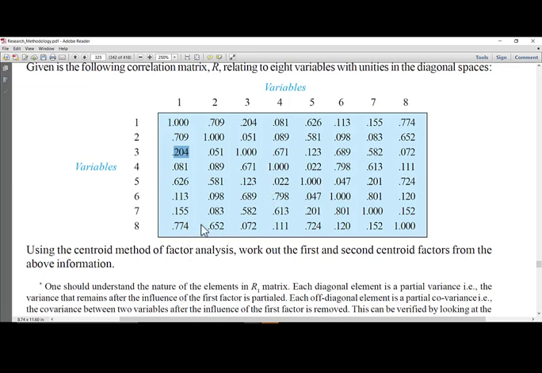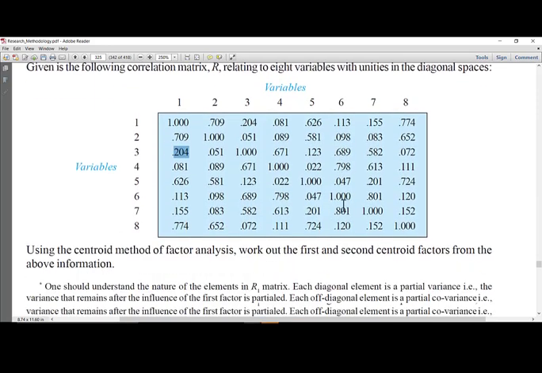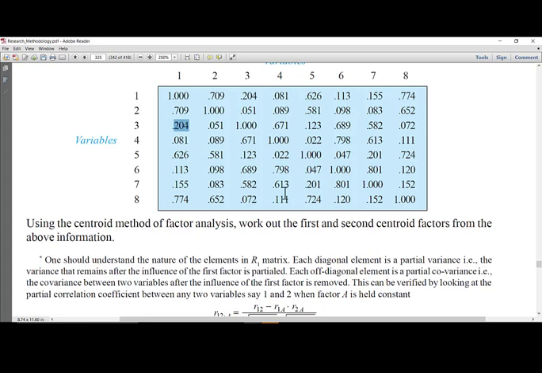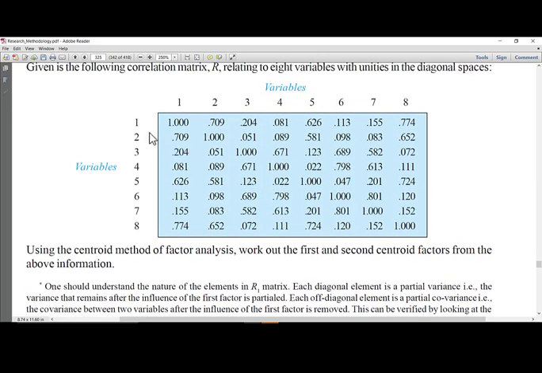In a similar way you can find out any correlation coefficients, and those are put here. In this book, the author has used the product moment method to find out these correlations. The idea is that we should have a correlation matrix.